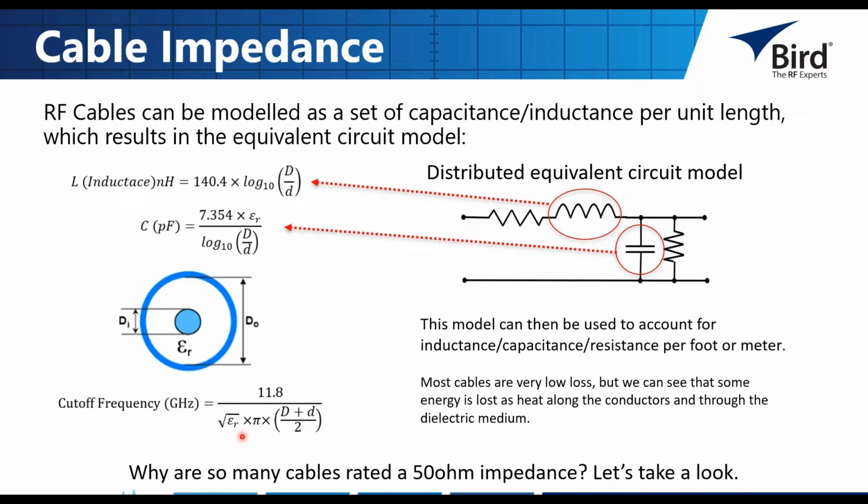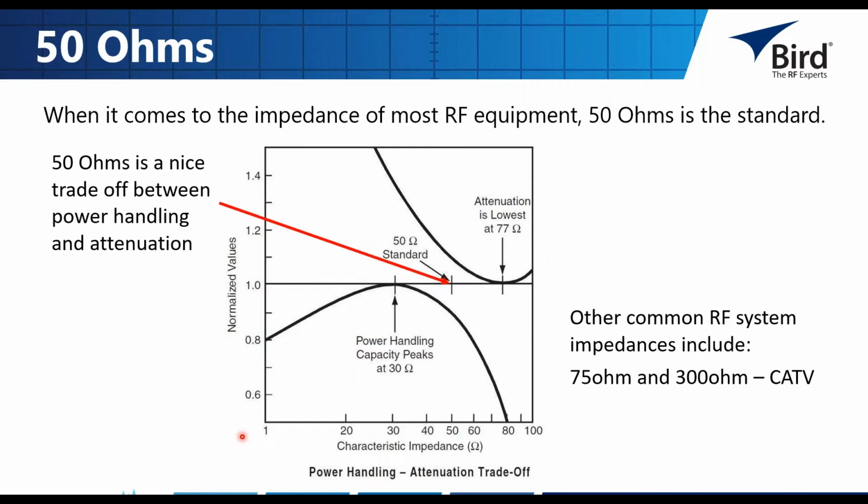Now, when we're thinking cables, we're typically thinking 50 ohms, and I want to take a closer look at that. Why are we always saying everything is 50 ohms? When we're referring to 50 ohms, this is really the trade-off between attenuation and power handling of these different system components.